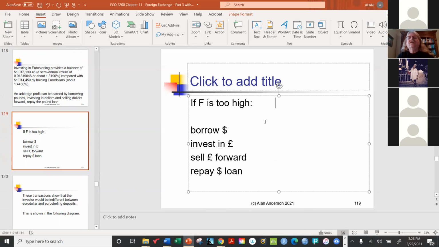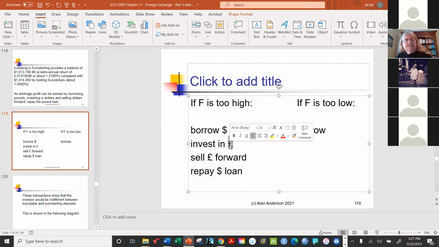Now let's move this over here. If F is too low, which we just saw a minute ago, we borrow pounds. That's probably the better way to explain it. Invest in dollars.